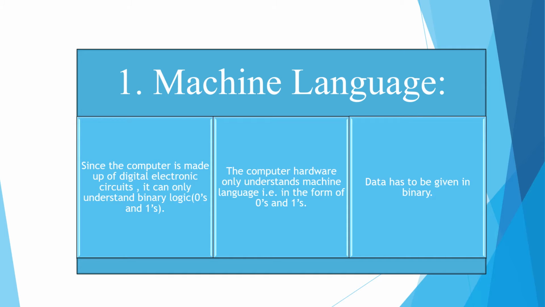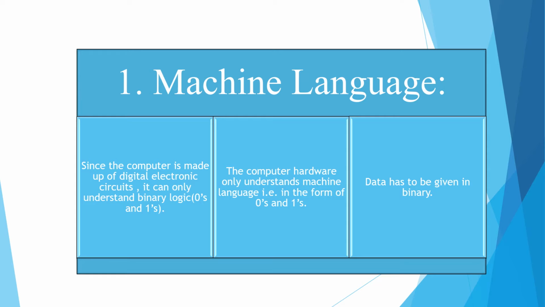So the computer hardware only understands machine language, the language which we write using zeros and ones. Hence, in order to communicate with the computer, the program has to be written in binary language, in the form of zeros and ones.